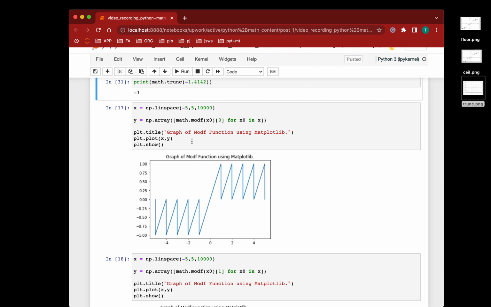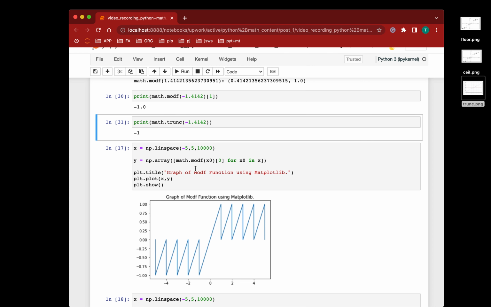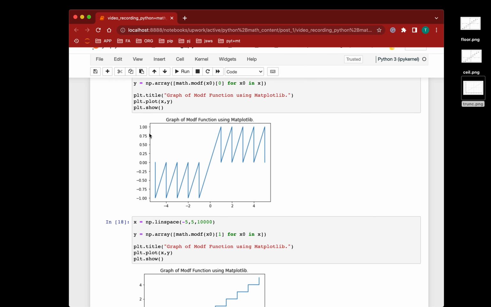Let's now look at the graph of the modf function. As we just said, the second component is just the same as the trunc component, provided again that you convert between ints and floats.